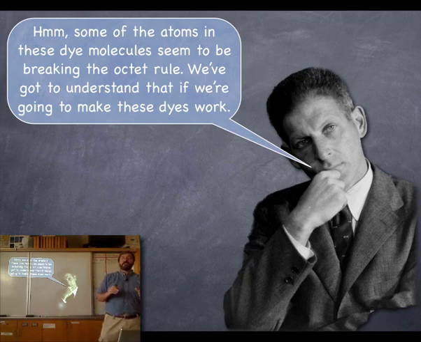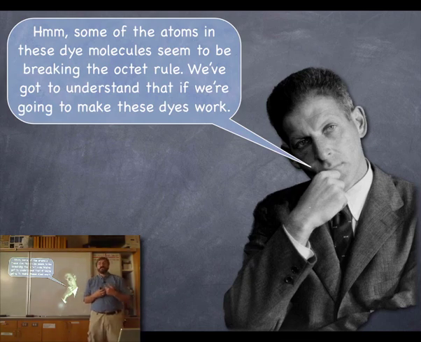But there are other situations, particularly as we go further down the periodic table, where the rules become more like guidelines. So the octet rule becomes more like the octet guideline. In fact, a lot of the elements will violate the octet rule by using d orbitals, by bringing d orbitals into bonding.